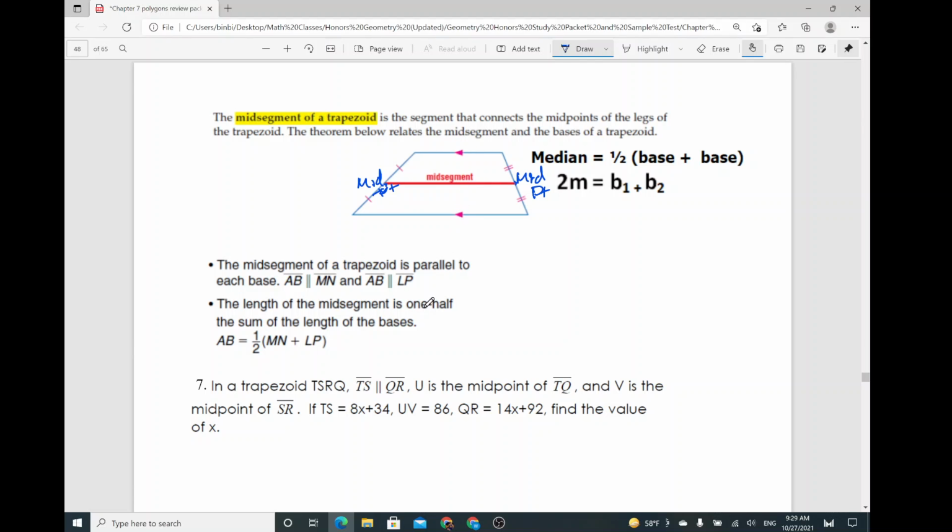The length of the midsegment is always 1/2 times the quantity of the upper base plus the lower base. In other words, 2 times the midsegment is the sum of the upper base and the lower base. So this is kind of like finding the average value. Once you combine the upper base and the lower base and divide by 2, we're getting the average of those two bases.